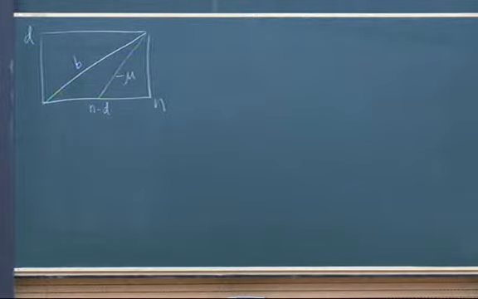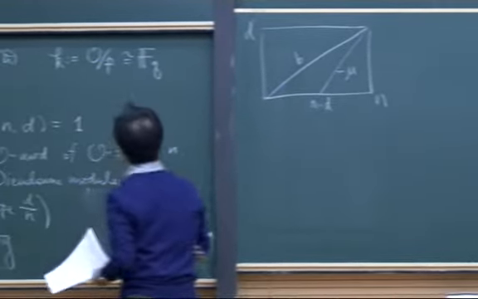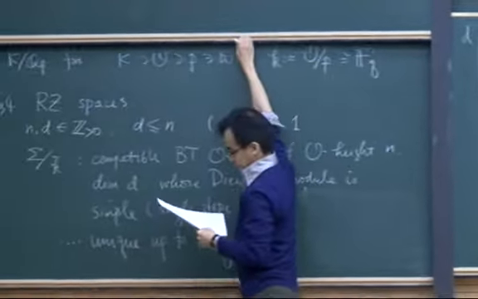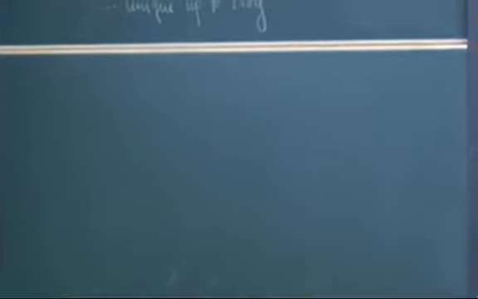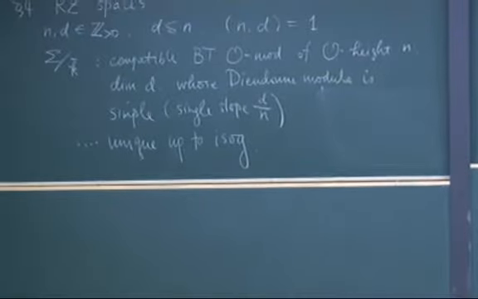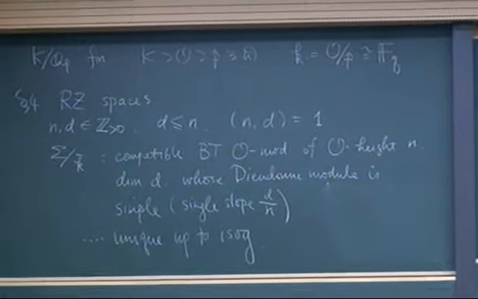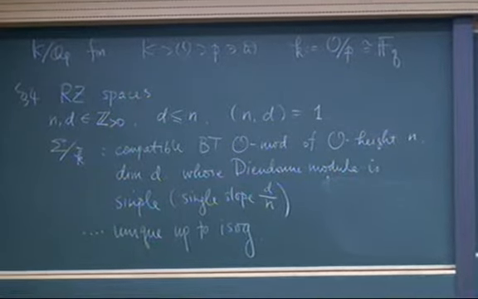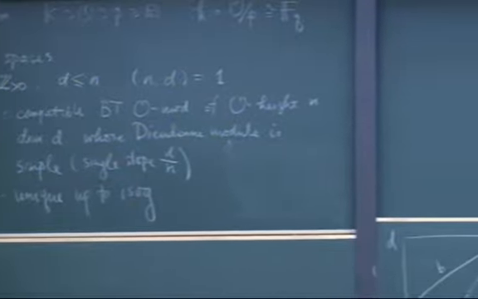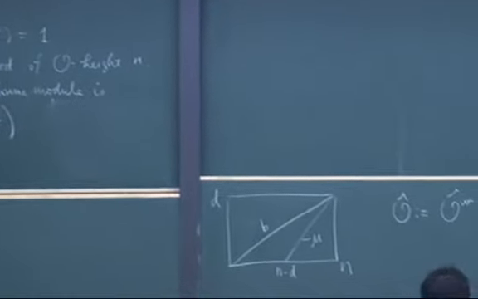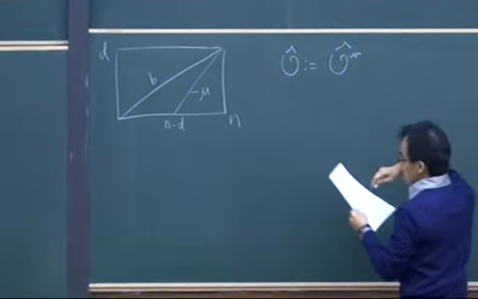This is unique up to isogeny. I think this will make the reflex field equal to K. Well, I'm not entirely sure. This will be true when D equals 1, from the next section.